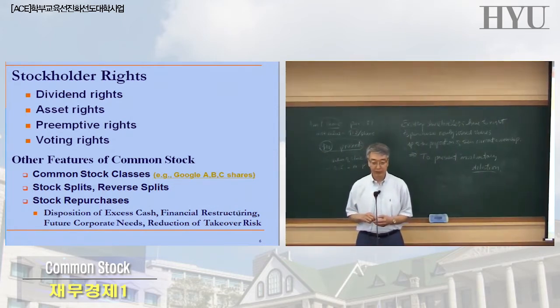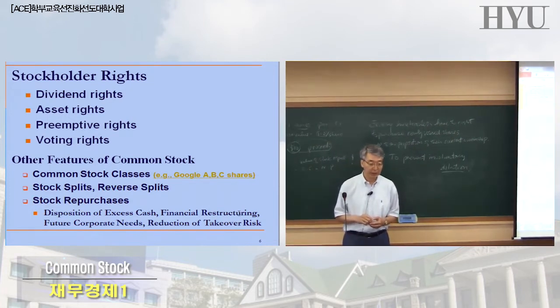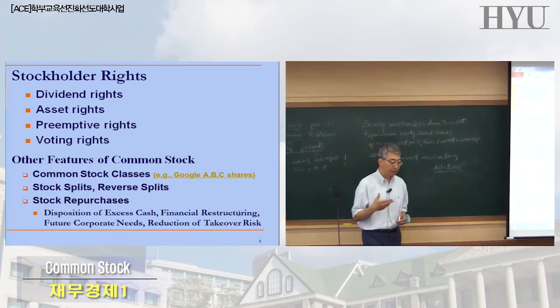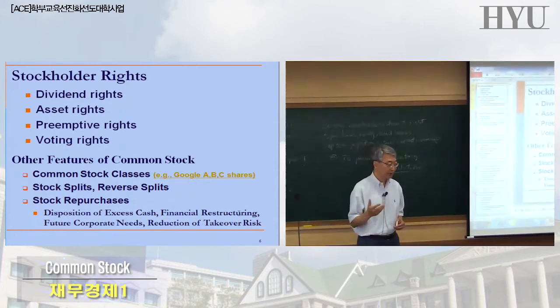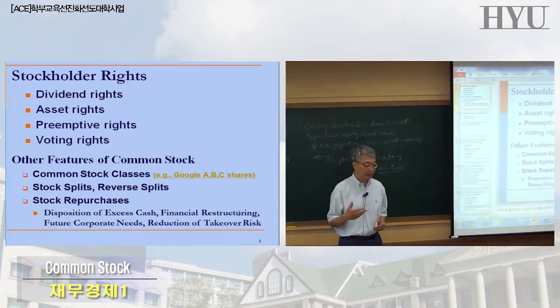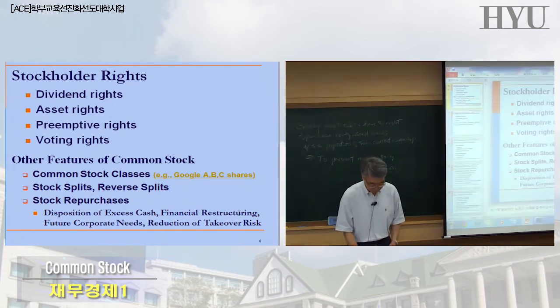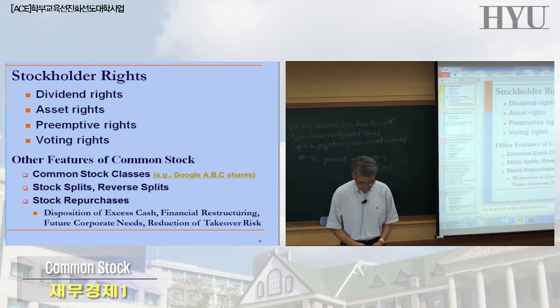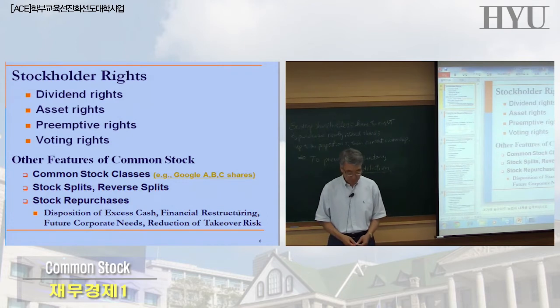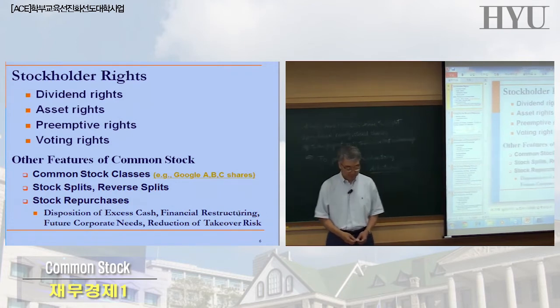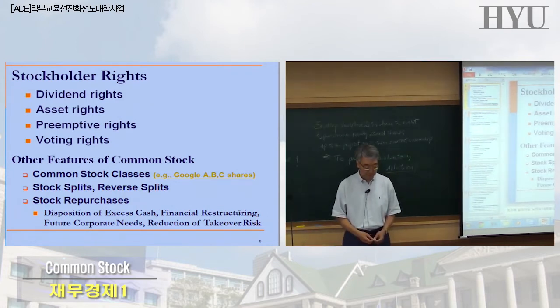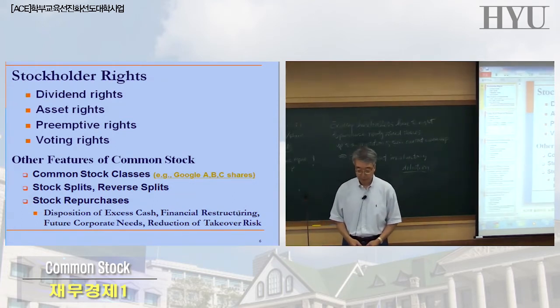What that means is, in case you don't want to attend the meeting, you can delegate your vote to someone else. If they are asking you to delegate, you give your vote to someone else, to the management mostly. So voting right is very important. What do they do at the stockholders meeting? Most importantly, elect board members. That's the most important thing.